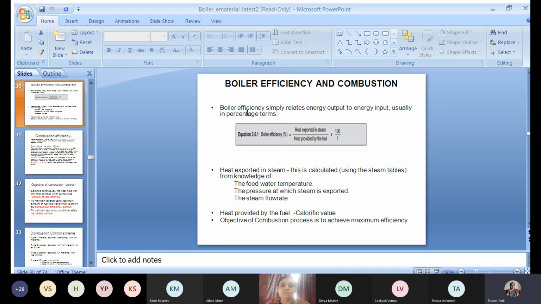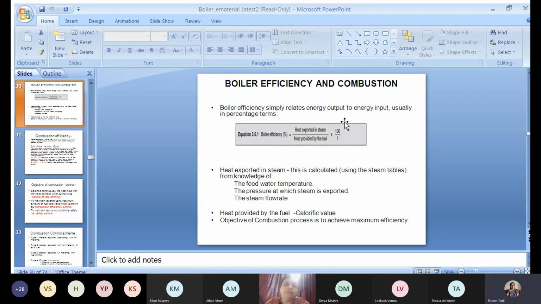Look at the screen. Formula. Boiler efficiency: heat exported in steam upon heat provided by the fuel, multiplied by 100 to get the percentage term. So efficiency is output by input. Here output is steam, that is heat exported by the steam, and the input is heat provided by the fuel.